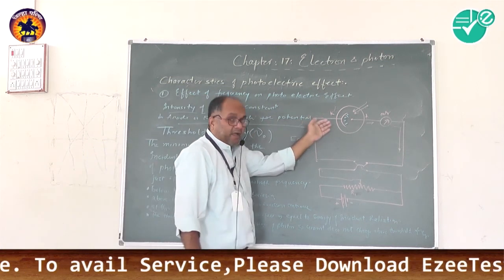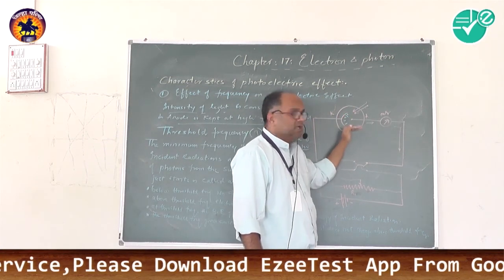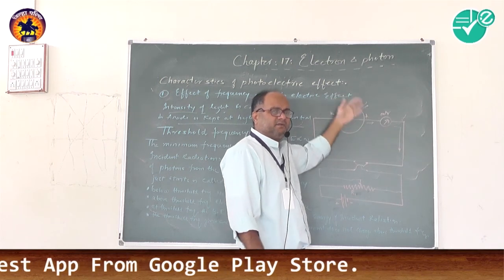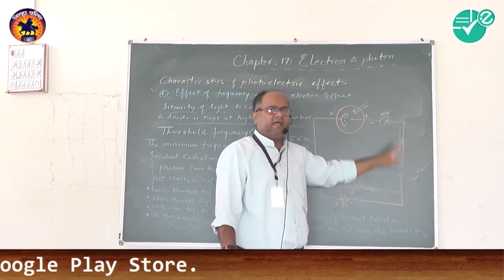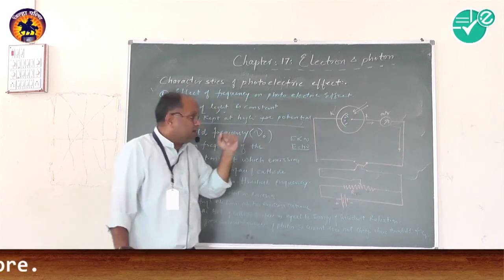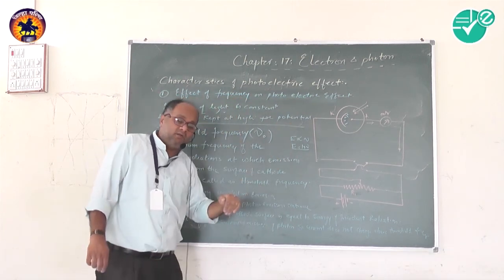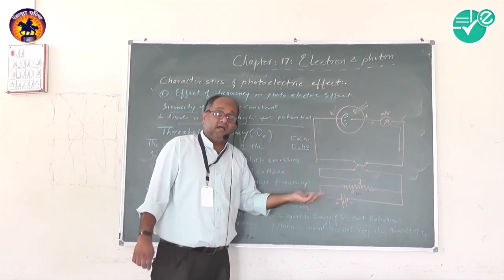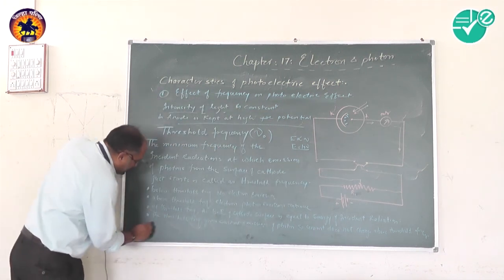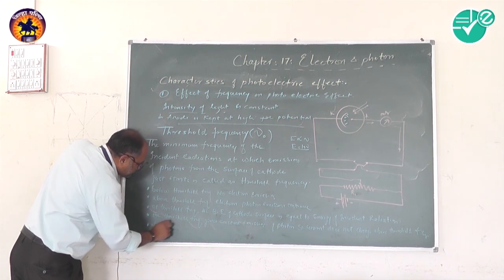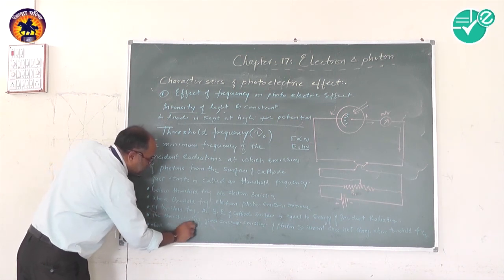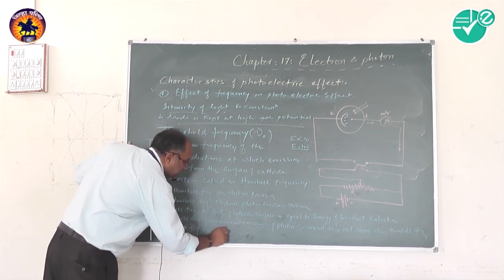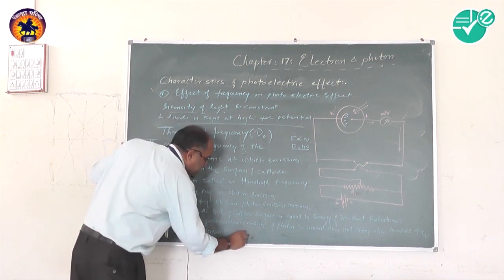That means below threshold frequency no emission, at threshold frequency 100 electrons are being emitted. If you continue to increase the frequency above threshold frequency, the number 100 electrons will be there only. But what will be changing is the energy of the electron. As we increase the frequency, the electron energy will be larger and larger. Above threshold frequency, electron energy increases.